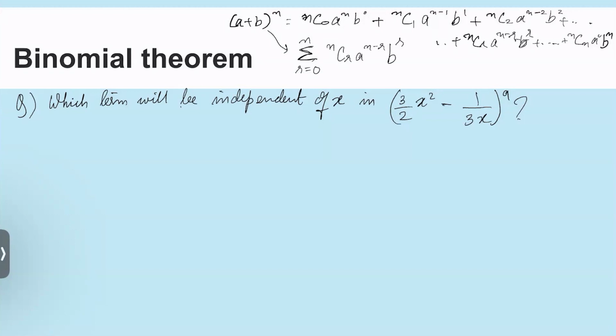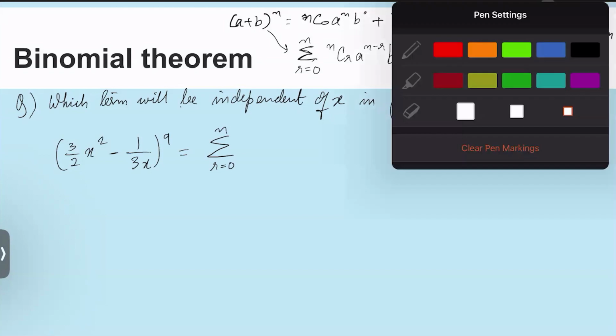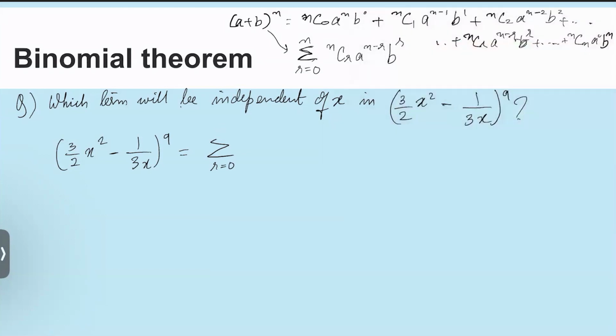Now, the expansion in the summation notation over here for (3 by 2 x squared minus 1 by 3x) the whole raised to 9 can be written as summation r going from 0 to n. Sorry, n over here will be 9, so I'll just write 9 straight away.